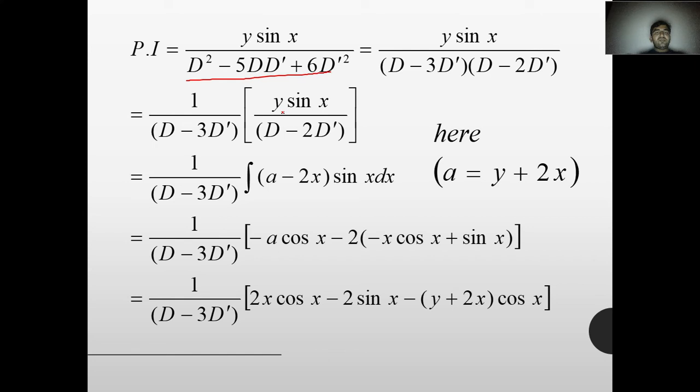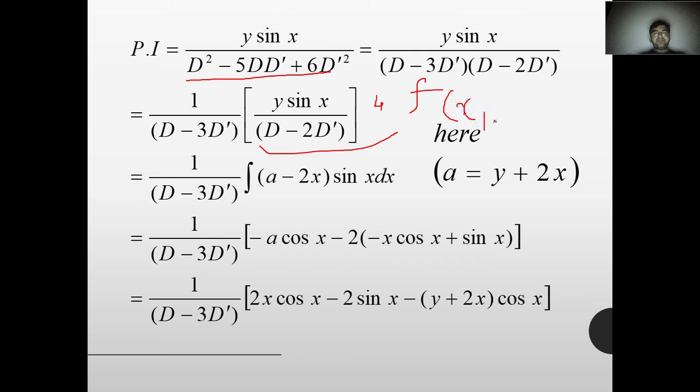by case 4, we get integration of f of x, a minus 2x.